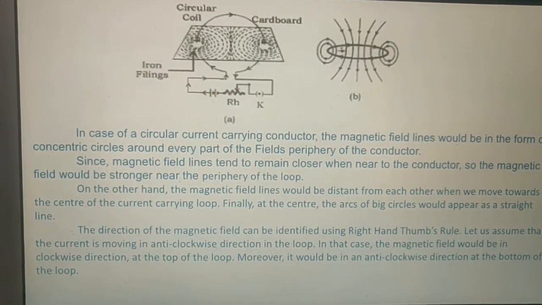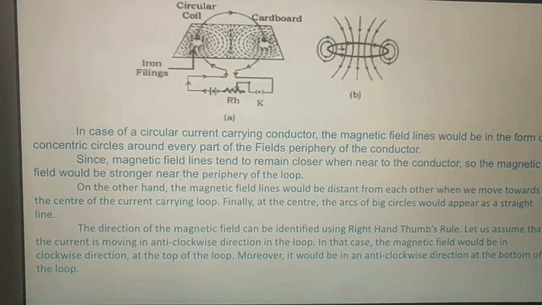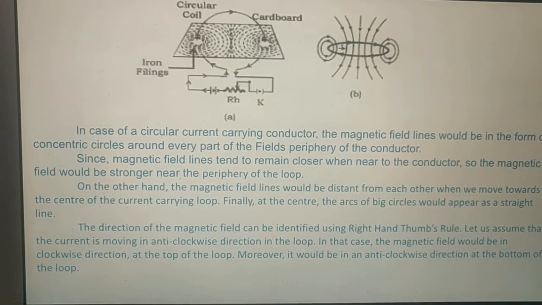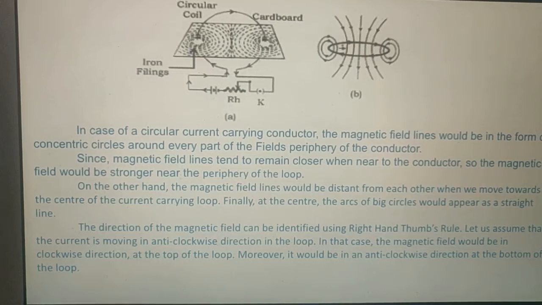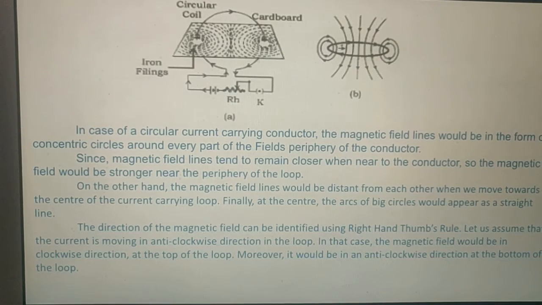As you can see, in case of a circular current carrying conductor, the magnetic field lines would be in the form of concentric circles around it. Since magnetic field lines remain closer when near the conductor, the magnetic field would be stronger near the periphery of the loop.